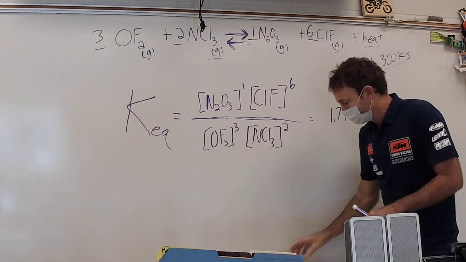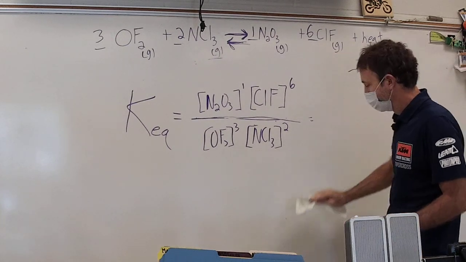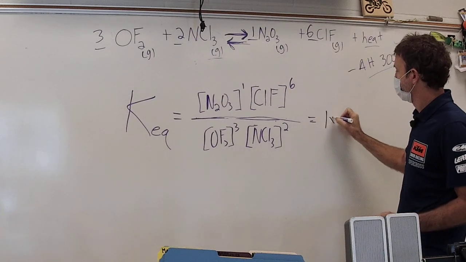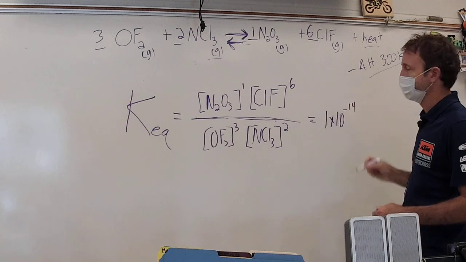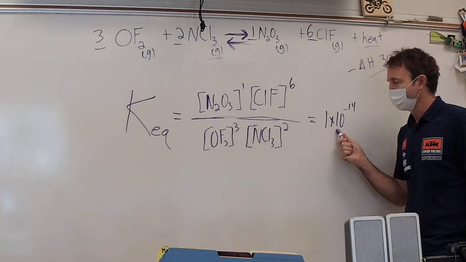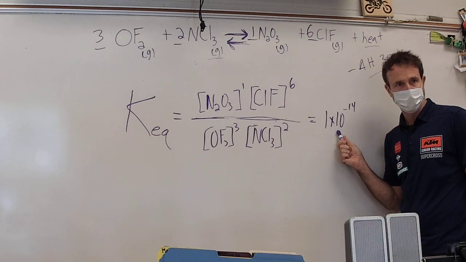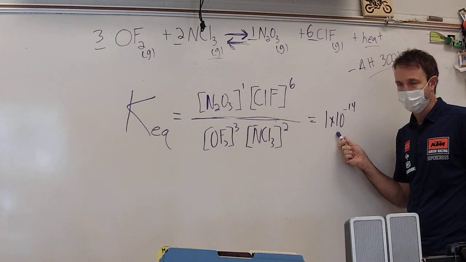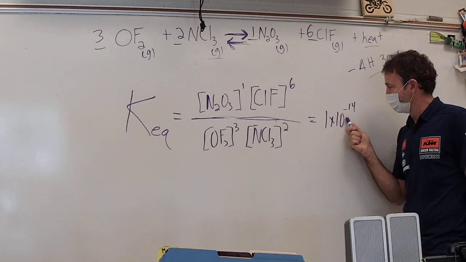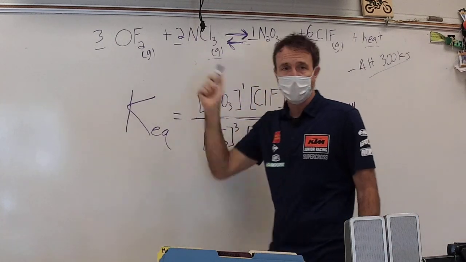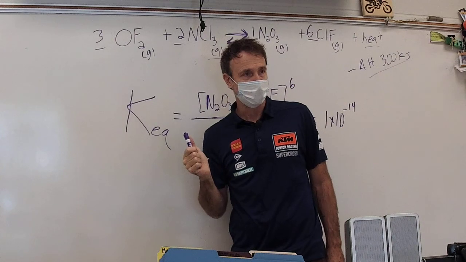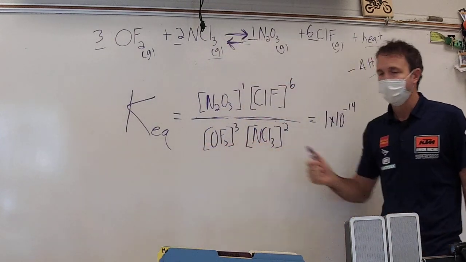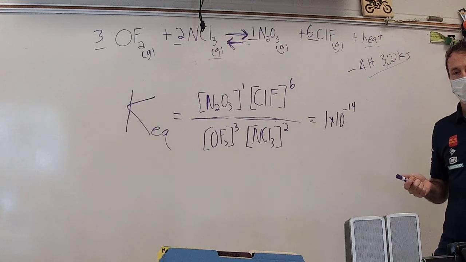If it turned out to be a very small number, like you'll see later, 1 times 10 to the negative 14th, something like that. See how this number is far below 1? 0.000000000000001, right? If it's a very small number, then it favors the reactants. Does that make sense? And we'll touch on it again at the end of class.